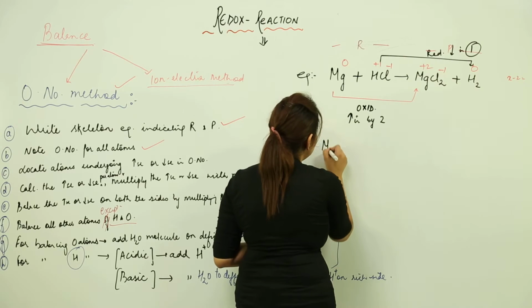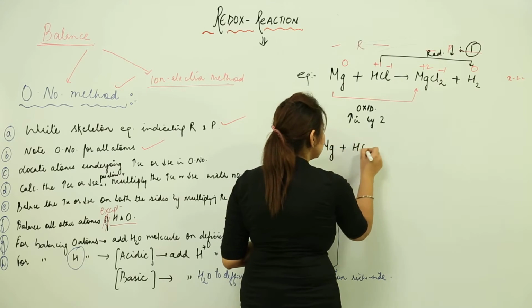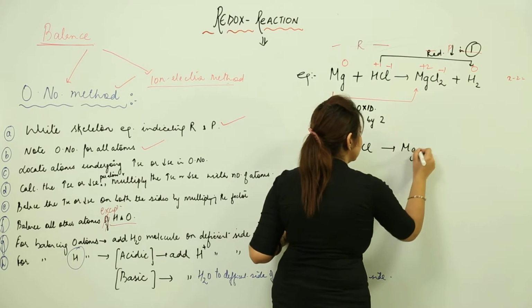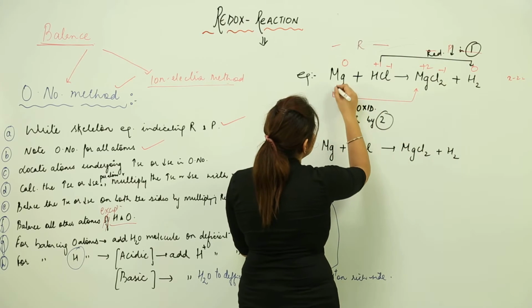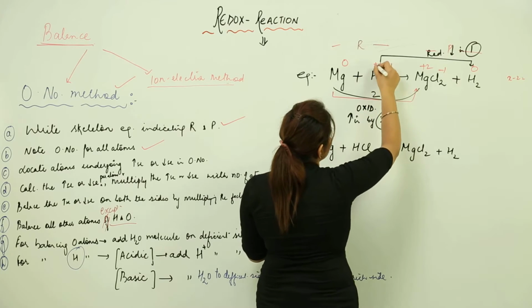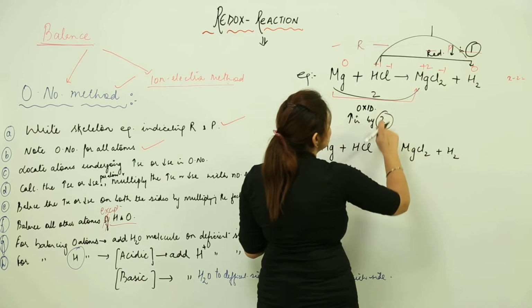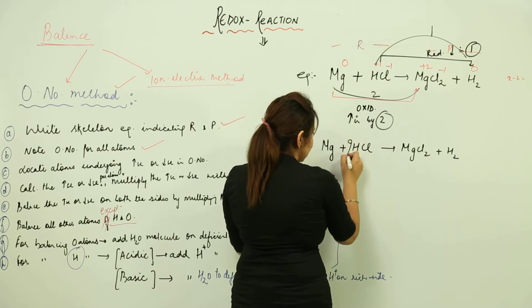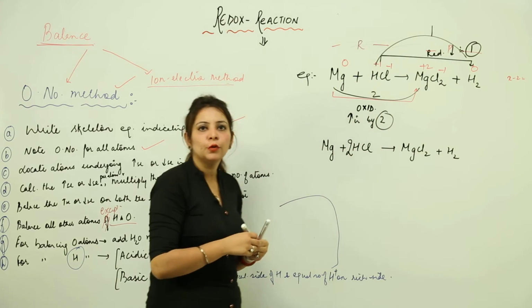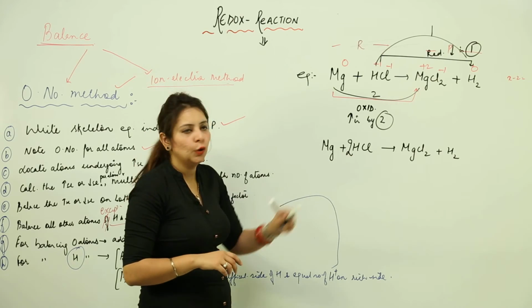So I am going to multiply the left hand side, because this is increasing by 2 and this is decreasing by 1, so that means 2 and 1. I need to multiply 1 with Mg and 2 with HCl. The 1 I don't need to put, so I have put only 2 HCl here. So this is what I have.